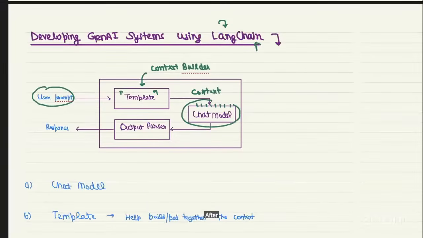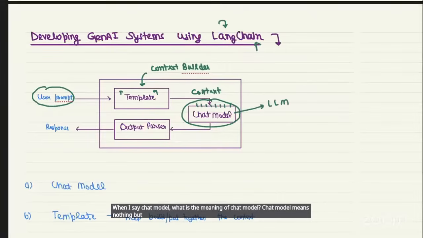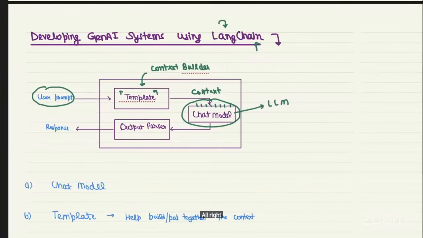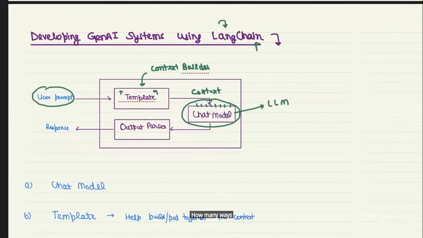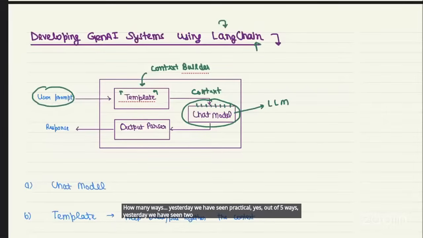After designing the template, we also need to attach a chat model. When I say chat model, it means nothing but large language model. Do you remember the various ways to access a large language model? Out of 5 ways, yesterday we practically saw 2 different ways.